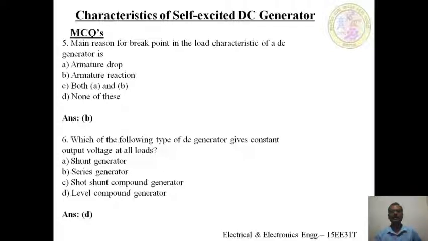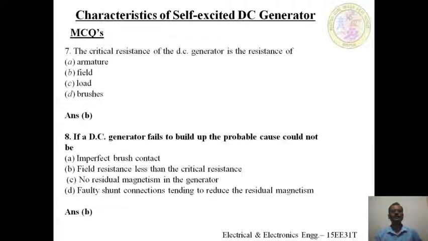Series generator, as load increases, field flux, you have studied already, right? So the level compound generator gives constant output voltage at all loads. Seventh, the critical resistance of a DC generator is the resistance of field winding. It is not the resistance of armature, not the resistance of load, not the resistance of brushes. It is the resistance of field winding. Answer is D.